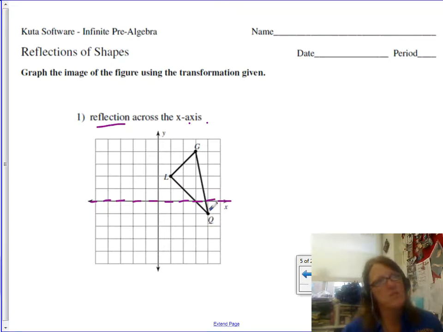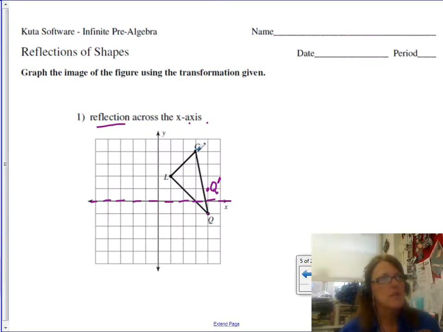So let's look at Q first. Q is right here. When we fold it directly up on top of itself, Q is going to land directly on the other side of the x-axis, 1 unit away, on the same vertical line. So this is our new Q, and we call it Q prime because that's the transformed or reflected image or point.